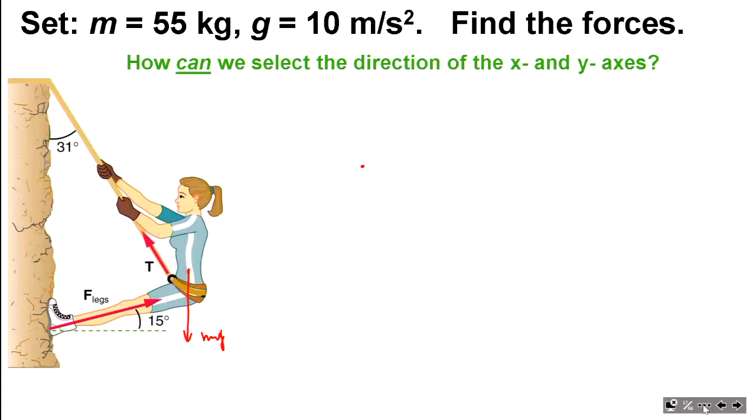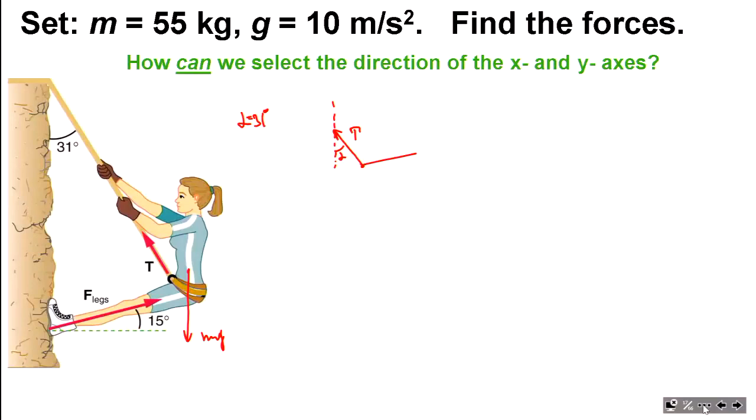But of course, we need a diagram. So, we represent this person as a dot. In physics, everything is just a dot. Force at 31 degrees to the vertical direction.